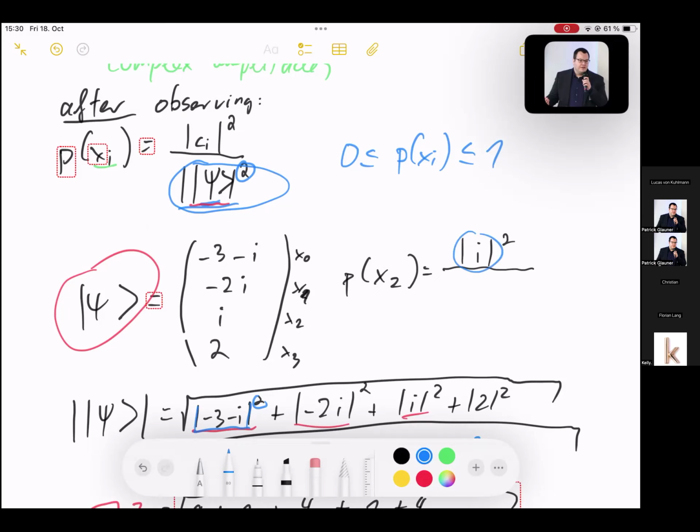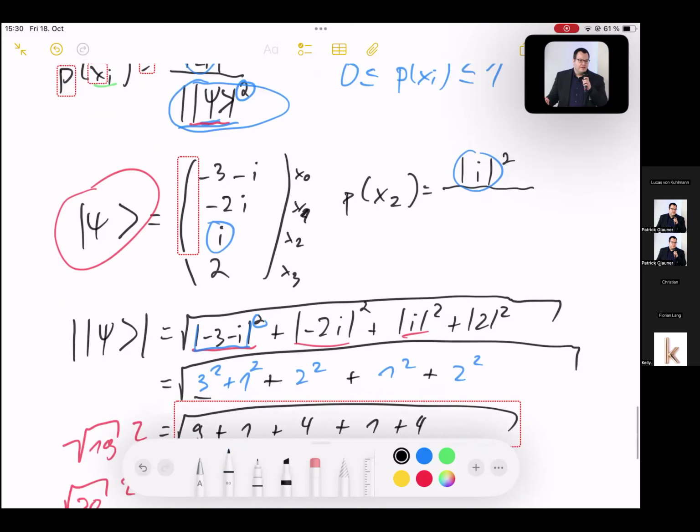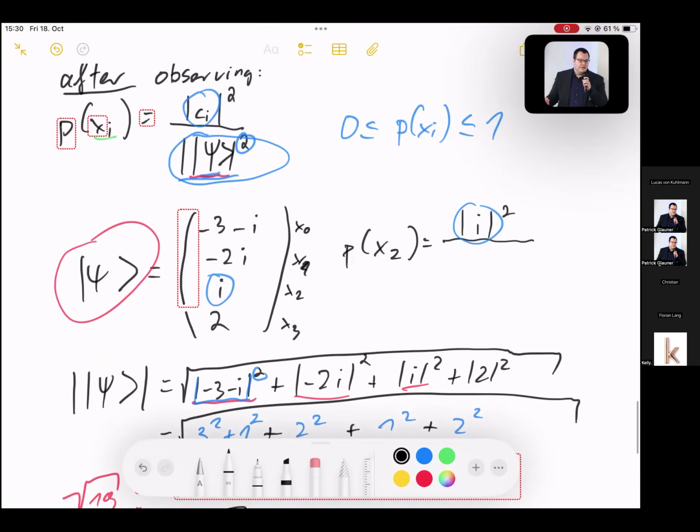So this one from here, we wanted this in the numerator, and in the denominator, we take the square root of 19, which was the norm, and we square it. And you can quickly try to calculate what our result will be.